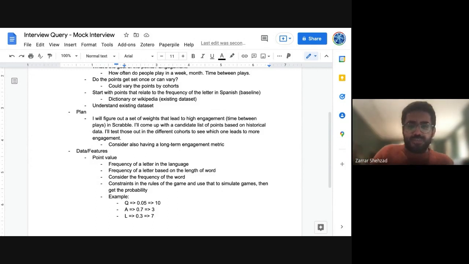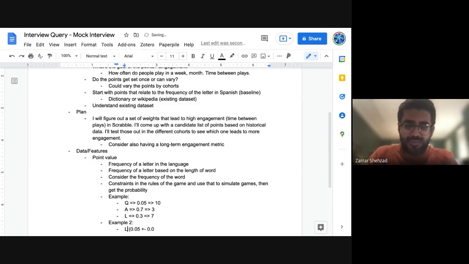What I was then suggesting is we could generate a few other variations on these points by sampling from some kind of normal distribution for each letter. So the idea here might be that we have the letter Q, and it actually has a range. It's like 0.05, plus or minus, say 0.00. Maybe this isn't a good example.